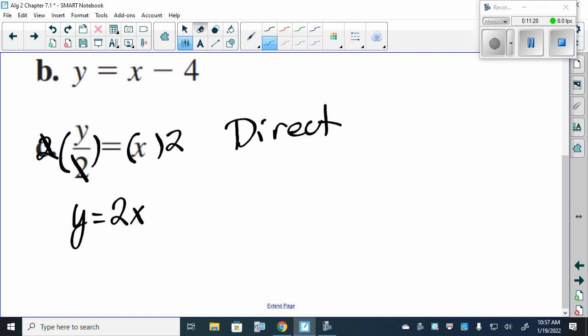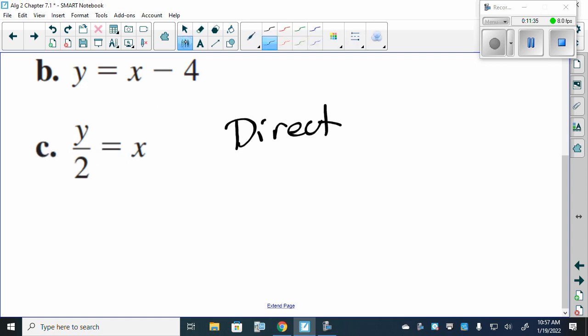Okay. I'm going to erase this here. One half, or y divided by 2. I can write that as what times y? Well, we can rethink of this as 1 over 2, because 1/2 times y is the same as y divided by 2.